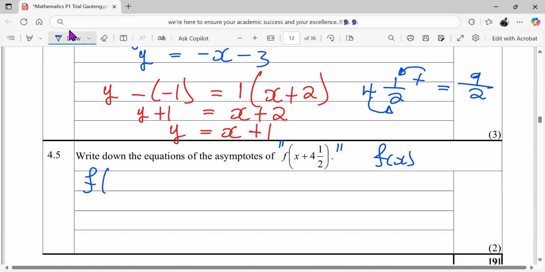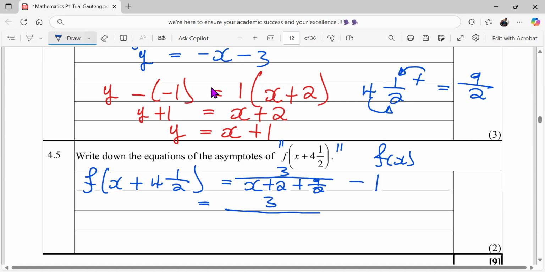But of course, it's always nice to show the marker that you understand what you're doing. By going to the original function f, the original function had x + 2 here, but now you add 4.5, and here you still have your -1.